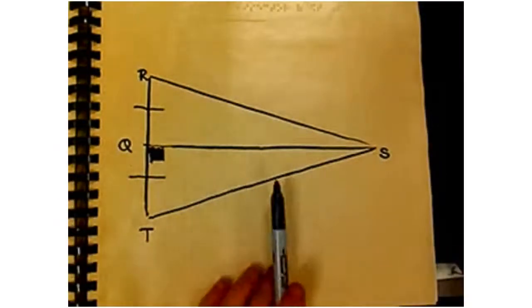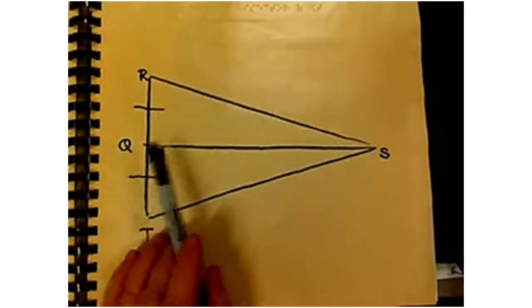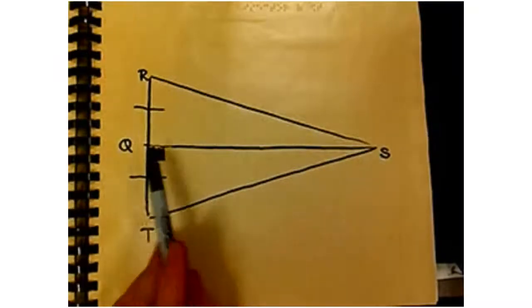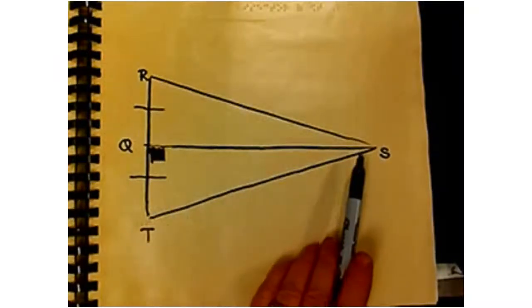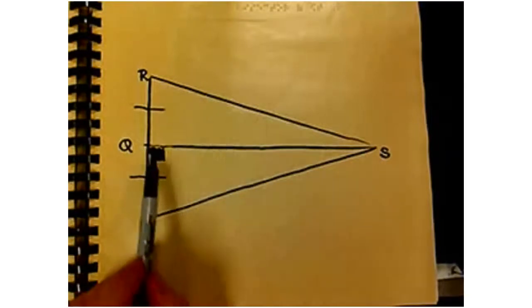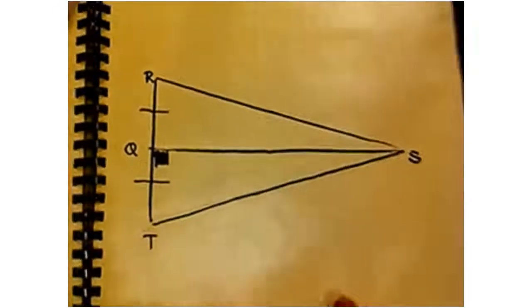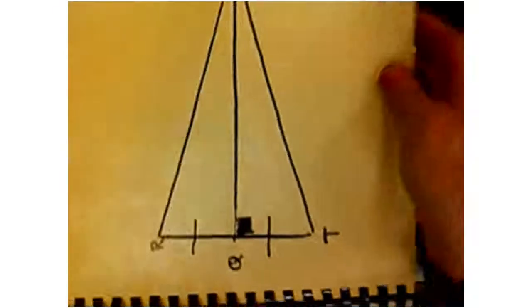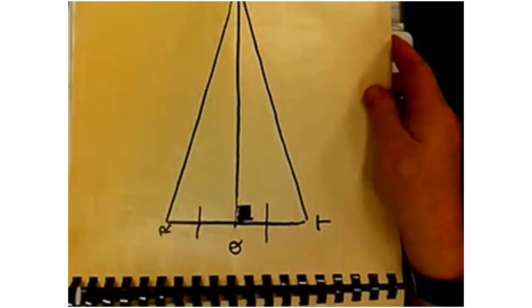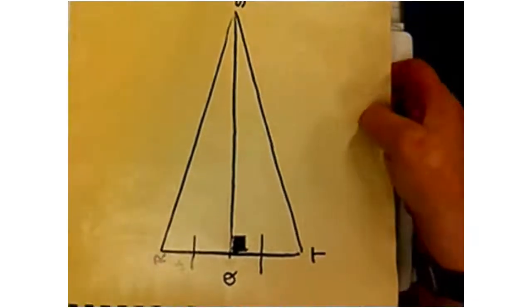So this is showing us that we have an altitude. This heavy line from S to Q meets the definition of an altitude, vertex to side opposite at a perpendicular angle. If we turned our book 90 degrees to the left, it would be sitting on that base RT, and we'd be able to see the height of that triangle.